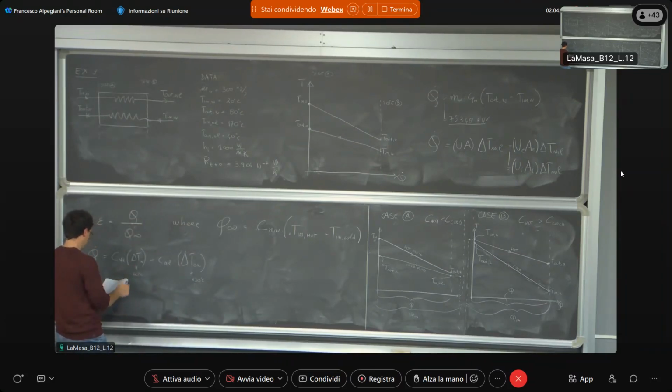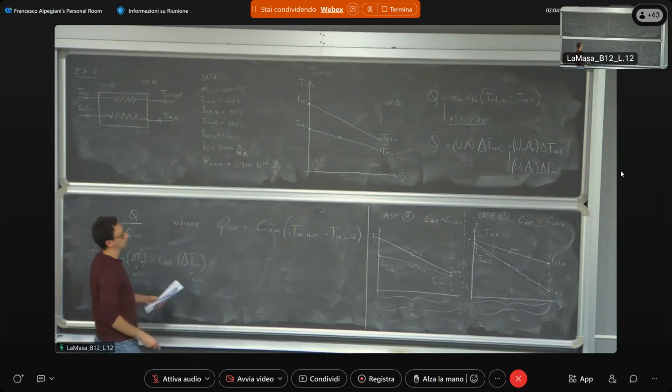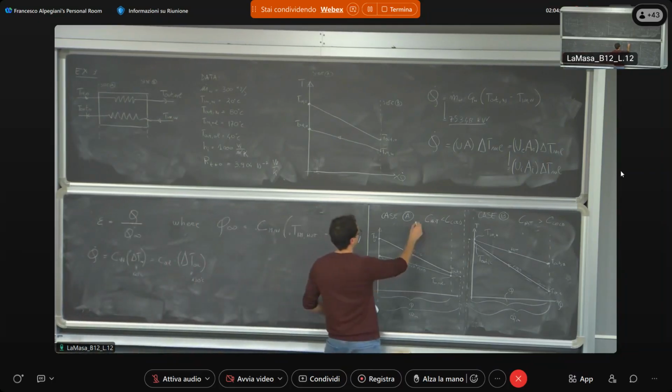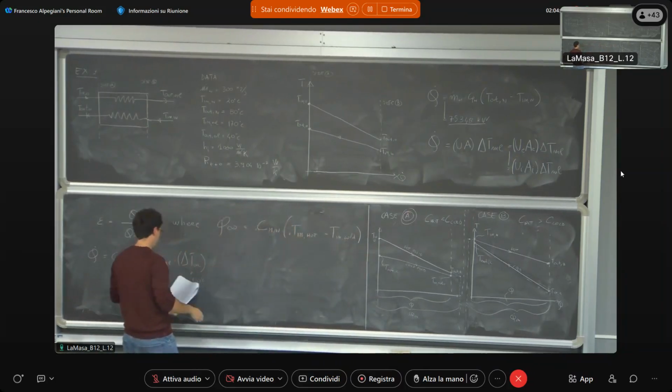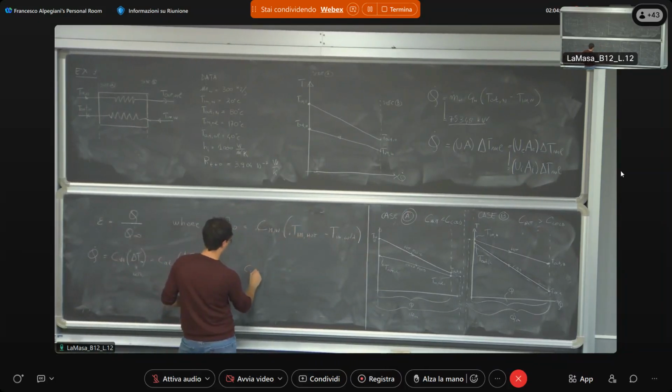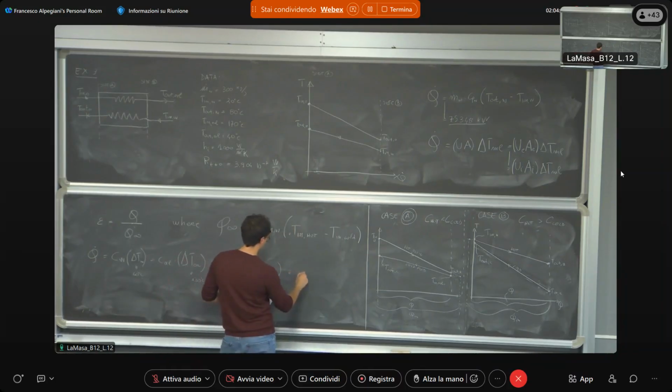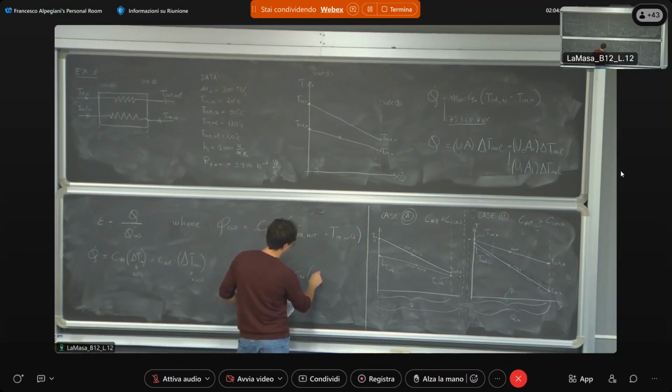From here, you can derive that we are in case A, so C oil is lower, so the heat capacity of the hot fluid is lower than the heat capacity of the water, which is the heat capacity of the cold fluid, okay?